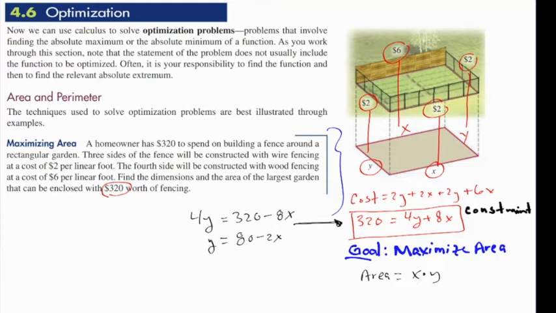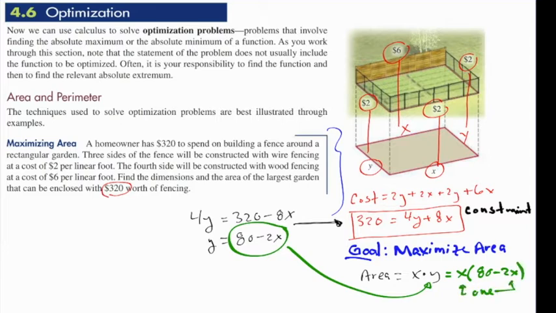We can take that 80 minus 2x and replace the y variable in the area equation, and this will give us x times 80 minus 2x. And now that there's only one variable, we can write this and say that it is the function A of x, area as a function of x.